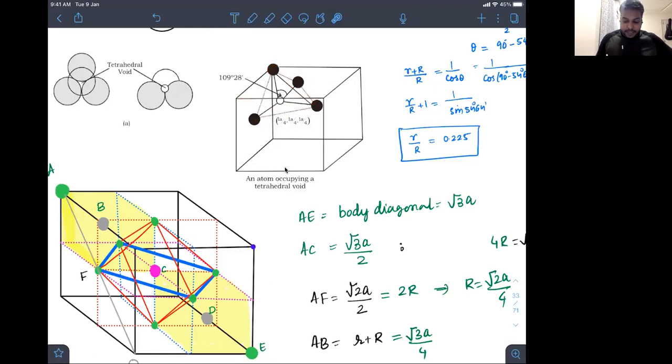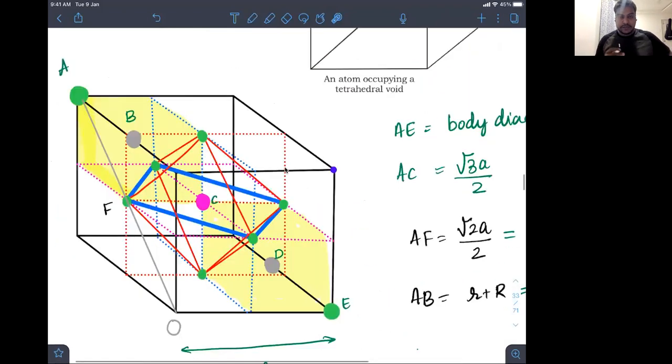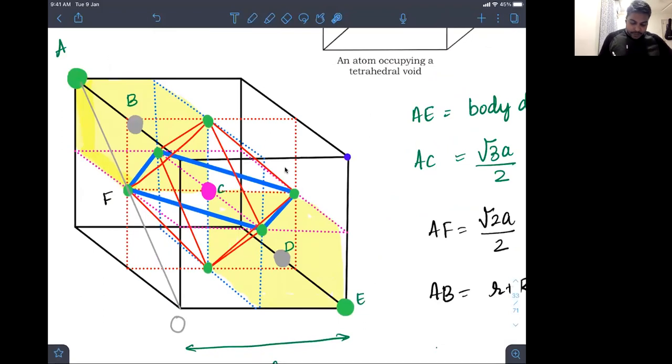So when these 4 atoms are touching each other, in the center of that there is a void forming, and that is a tetrahedral void. If it is not understood, observe this carefully. This is the face center of this particular face. Done. And this is the face center of this particular face.